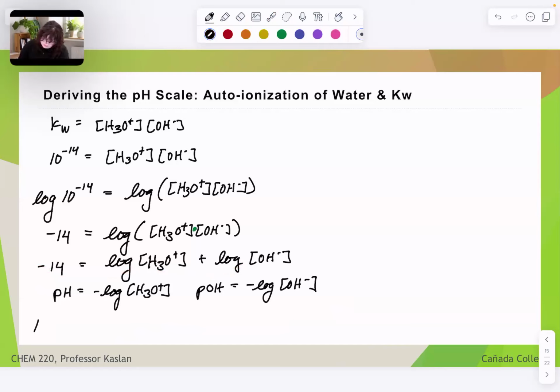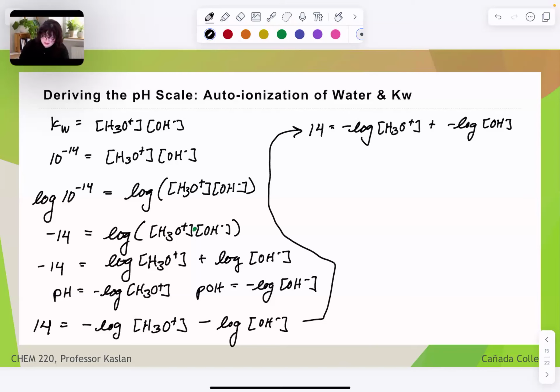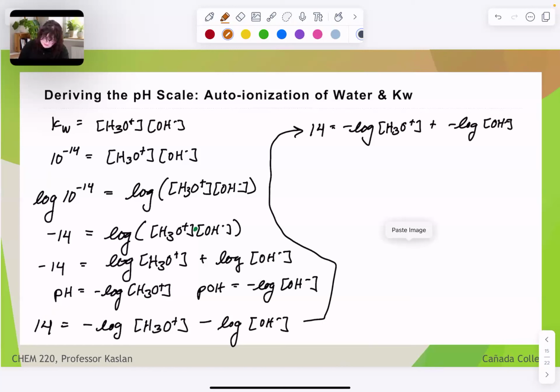So this is going to become 14 is equal to negative log concentration H3O plus minus log concentration OH minus, or if you prefer, and I do because I'm a visual person, 14 is equal to negative log concentration hydronium plus the negative log of concentration hydroxide. We have said that this is pH and this is pOH.